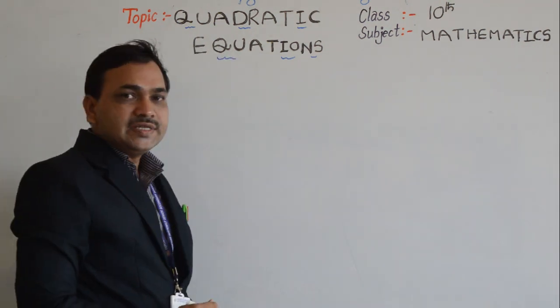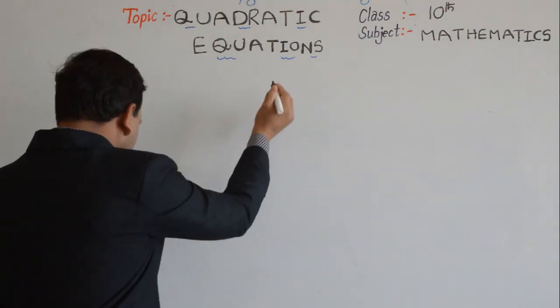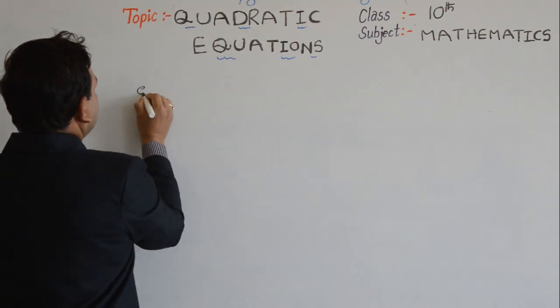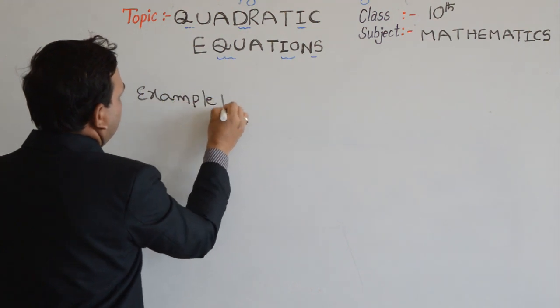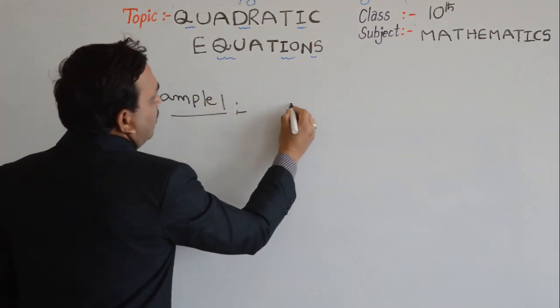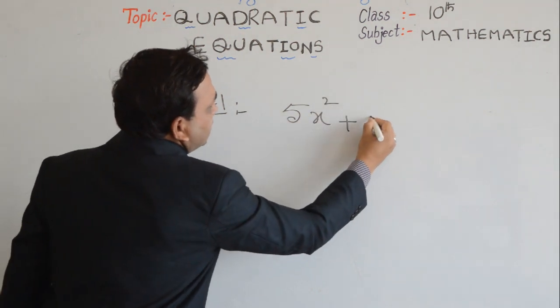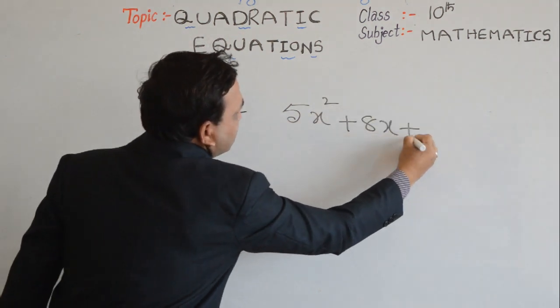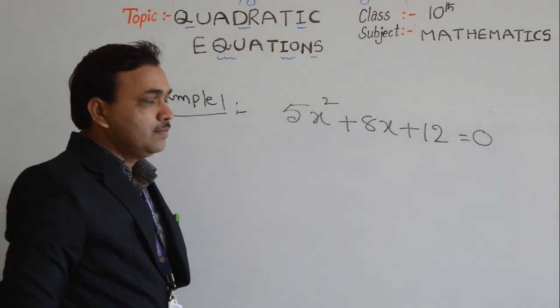Let us consider some examples of the quadratic equation. For example 1, 5x squared plus 8x plus 12 is equal to 0.